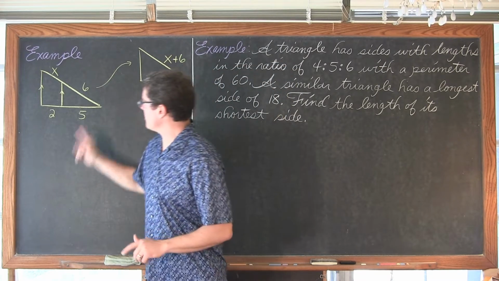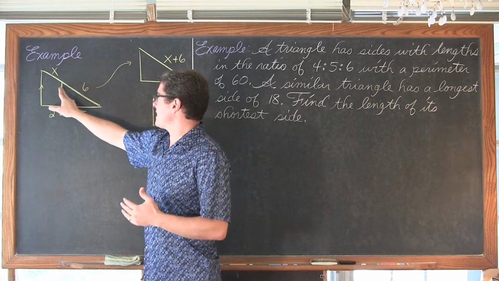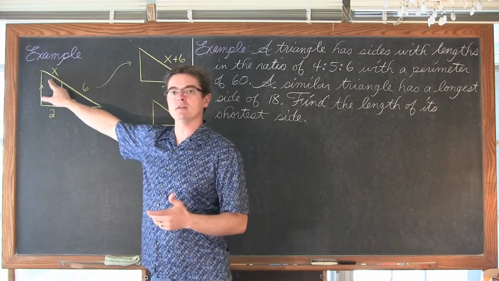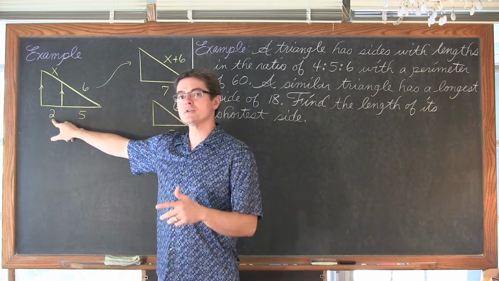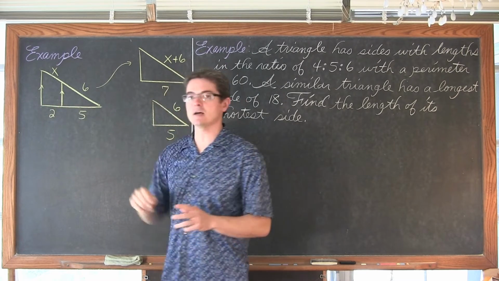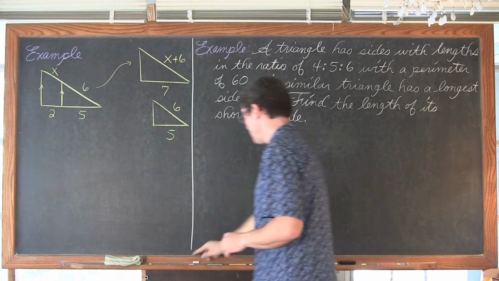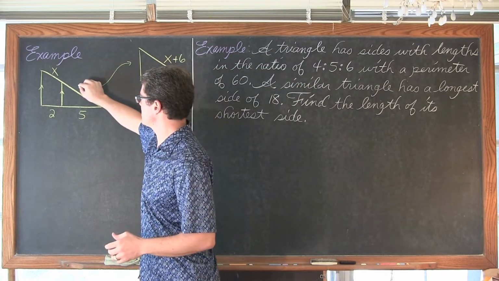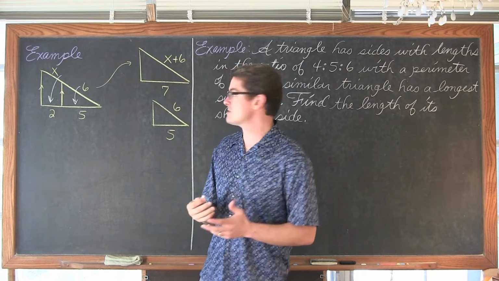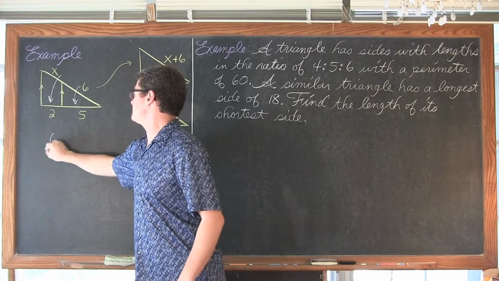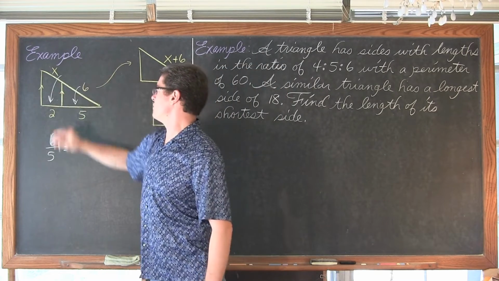Because if you look at our diagram, the x is just the last part of this segment that finishes up the big triangle. And the 2 is also just a portion of that side. So with this particular problem, we can set up our equal ratios, going down to the corresponding parts, and say that we have 6 over 5 is equal to x over 2.